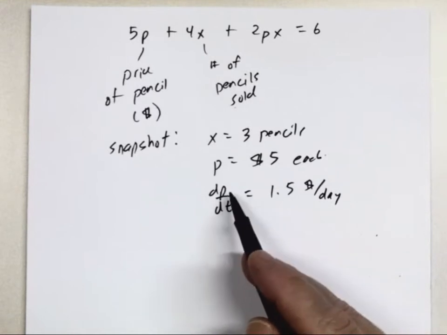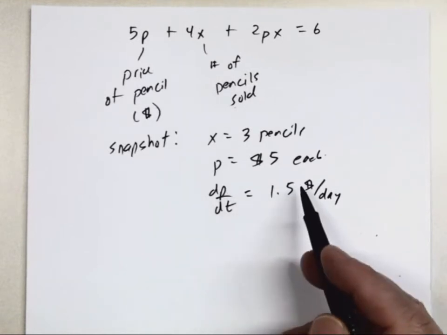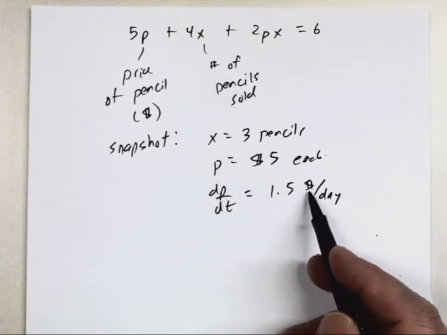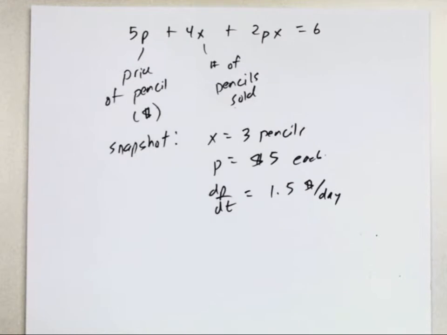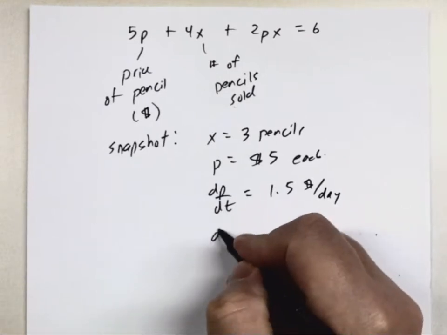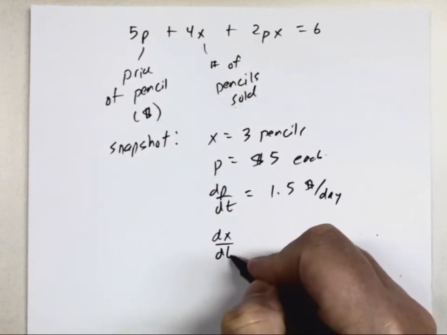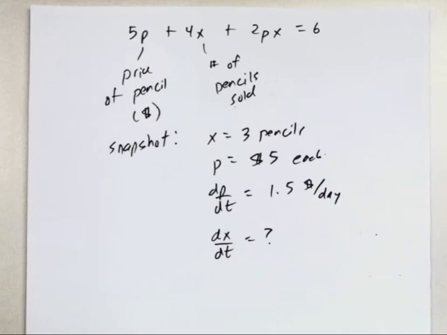So basically, each day that passes, the price of the pencil increases by $1.5. And the question is, find the rate at which X is changing. The rate at which X is changing is dX/dt.